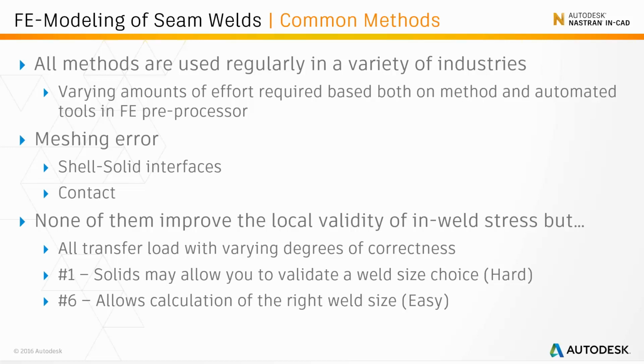They still introduce error, often associated with mixed meshes and contacts, and all of the examples will transfer the load reasonably well. But which one should you use? Well, that really comes down to looking for something that's going to allow you to understand good load transfer, and you want to gather this information as quickly as possible.